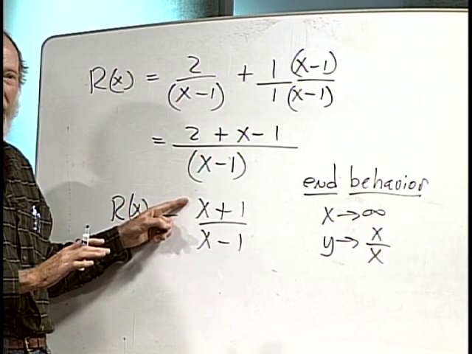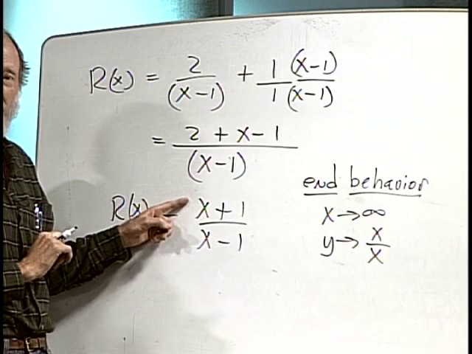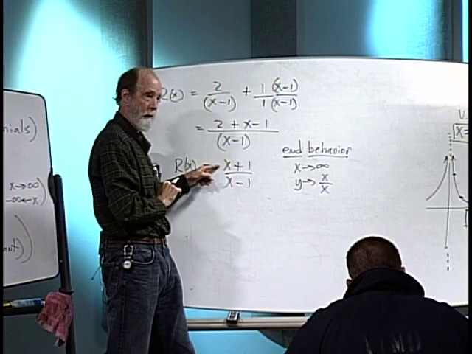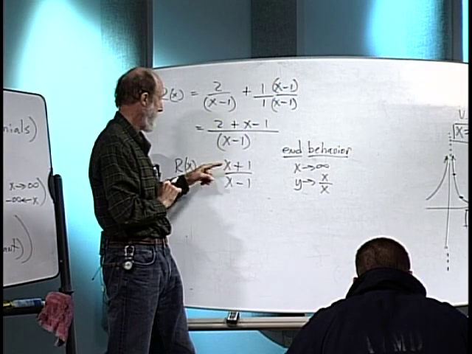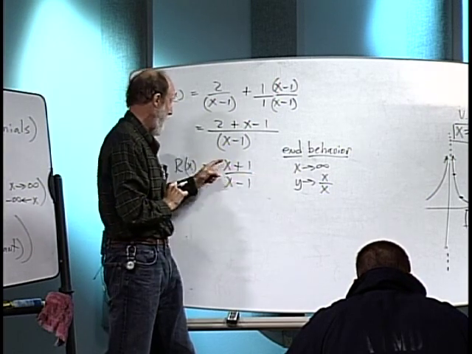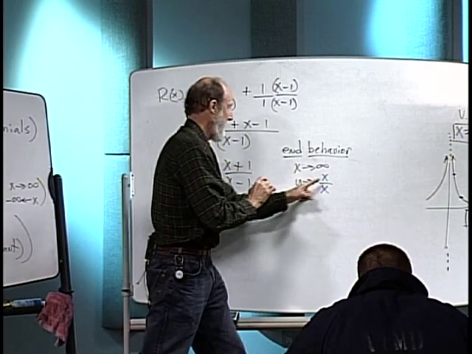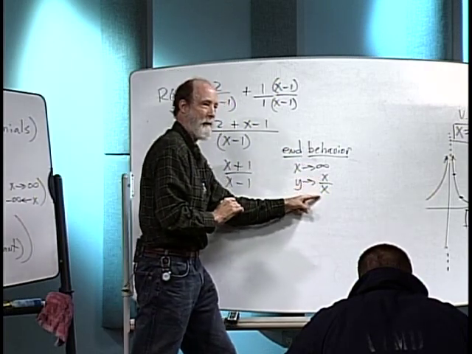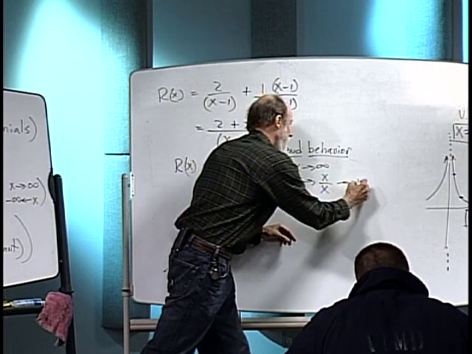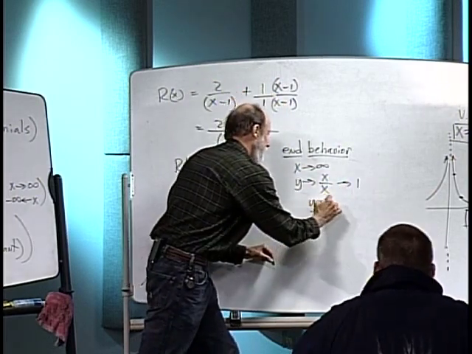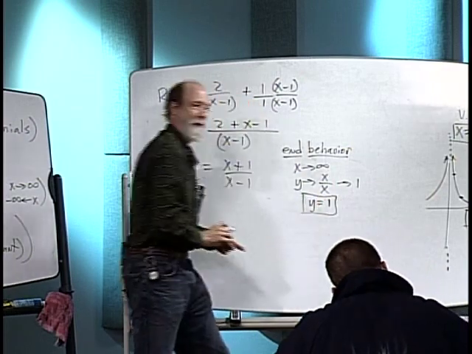We talked about that a few class sessions ago. The leading term of a polynomial dominates it. Okay? So it behaves like X over X if X is large. And then look what happens to that. X over X reduces to 1. So as you move further out, here's how you can see that horizontal asymptote.